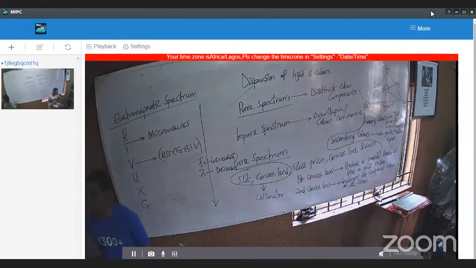Which of them, when absorbed, will make the temperature of your body increase? Infrared. Which of them makes things fluoresce or glow? Ultraviolet. Which one can be used for sterilizing hospital equipment? Gamma ray.